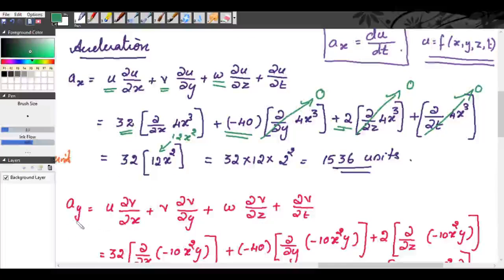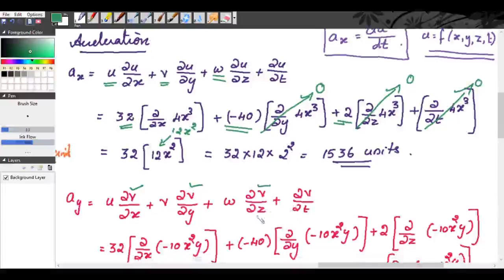Similarly, ay will be equal to u into ∂v/∂x plus v into ∂v/∂y plus w into ∂v/∂z plus ∂v/∂t.